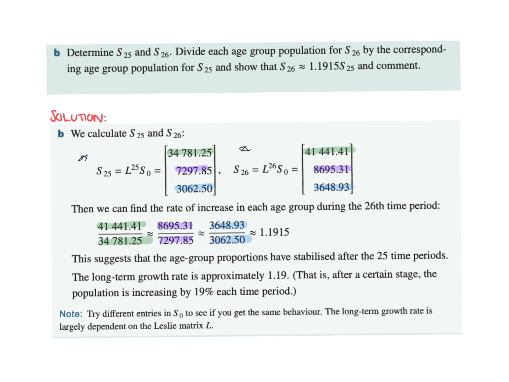You can see I've highlighted it. When you did the first age group, you divided this first number by that number, and then you did the same thing in the next age group. You'll find it was all the same number. It produced this 1.1915.